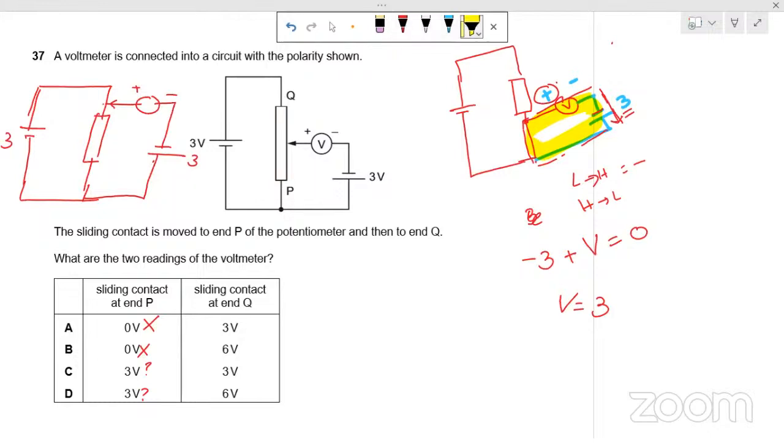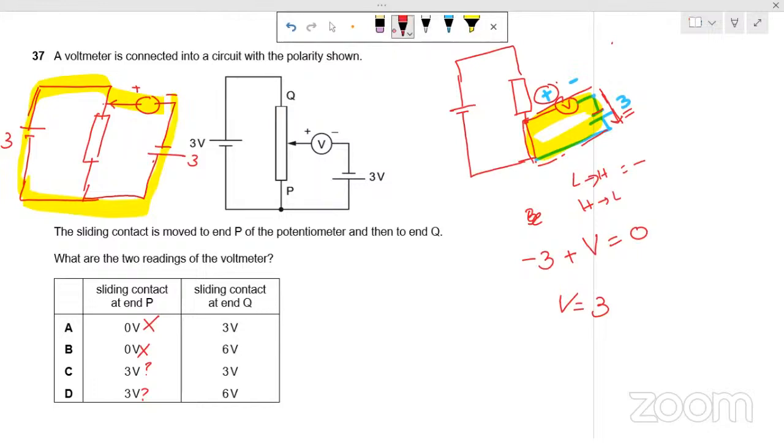So, which loop should we use? There is very infinite resistance of the voltmeter, and the voltmeter draws no current. So we can use either this loop or the inner loop to find the voltmeter reading.